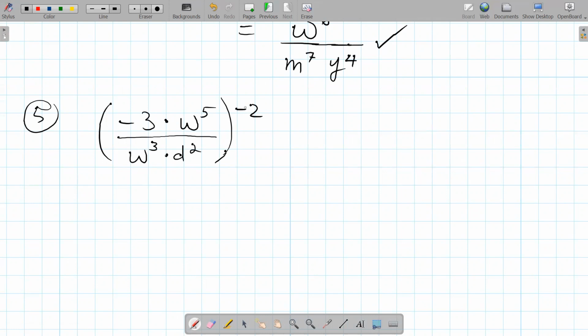Now, anytime the outside power is a negative exponent, you need to change it to a positive exponent. What you got to do here is swap the numerator and the denominator. So this is going to give you something like this. I'm going to swap the numerator and the denominator. So the denominator is going to go to the top. The numerator is going to come down.